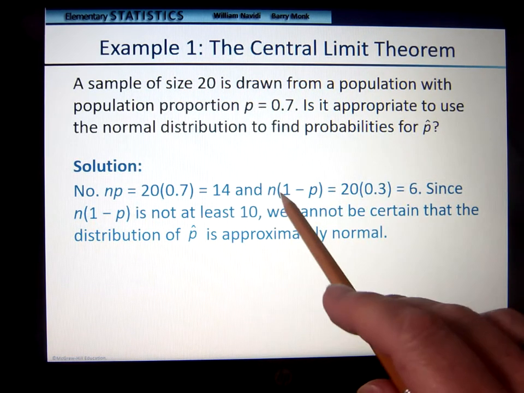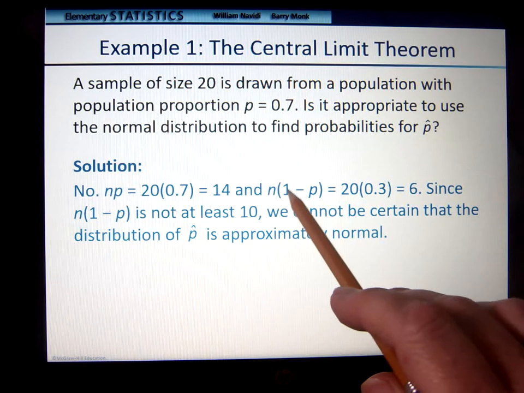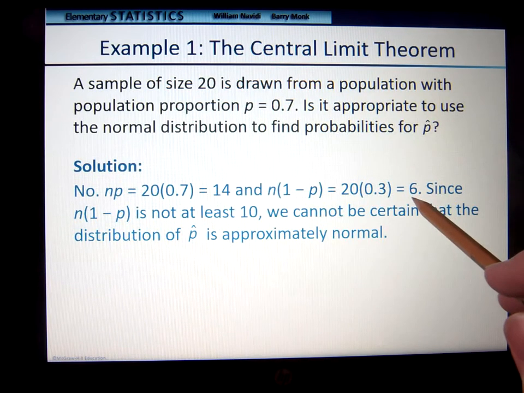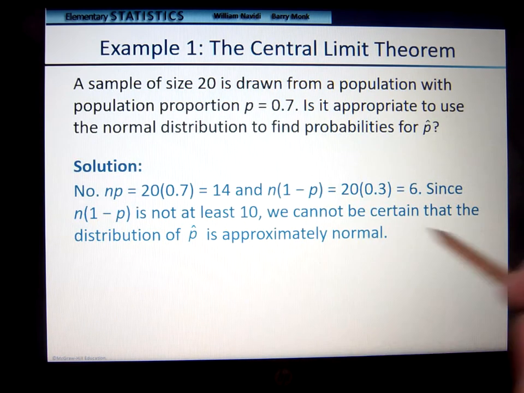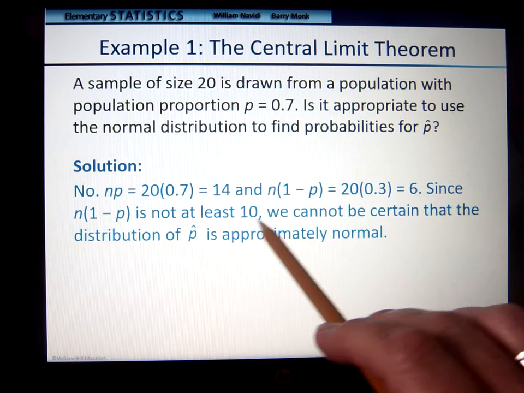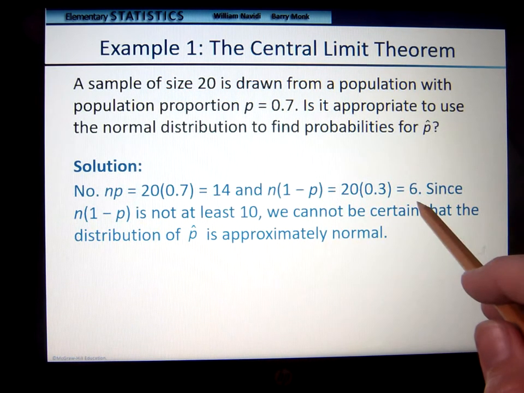And if we take n times 1 minus p, which is 20 times 0.3, we get 6. But this is not at least 10. So we really cannot be certain that the distribution is approximately normal here because one of them is bigger than 10, but the other one is not.